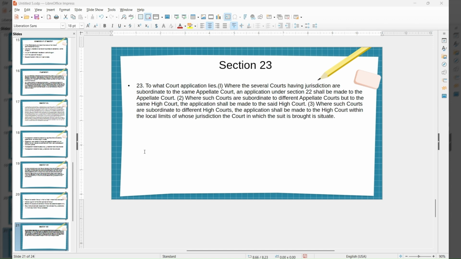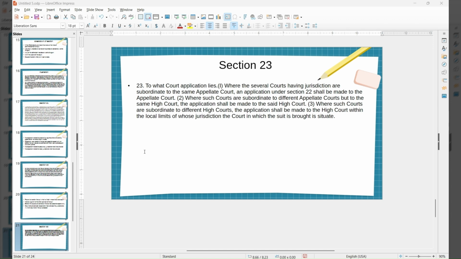I'll give you an example to understand this very clearly. There are two courts, court A and court B. We can institute the suit at both courts; both court A and court B have jurisdiction.